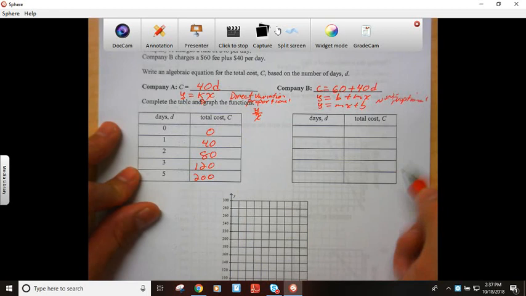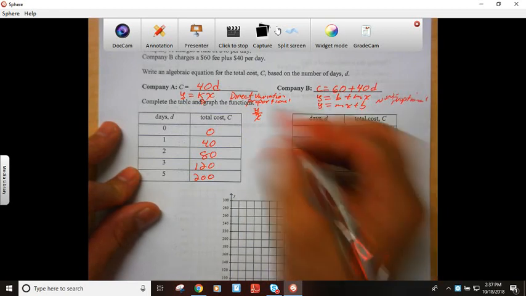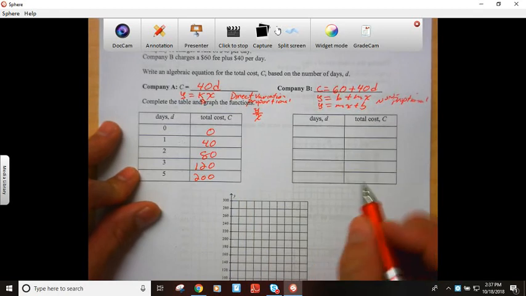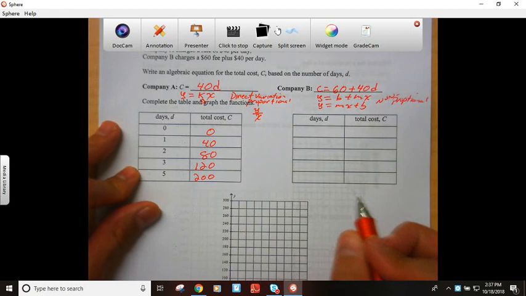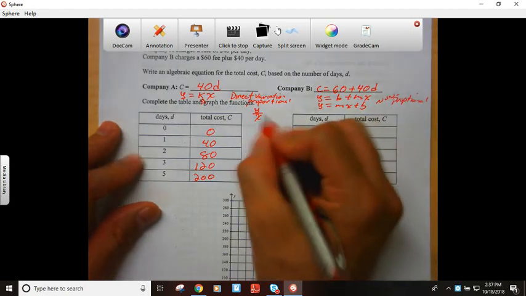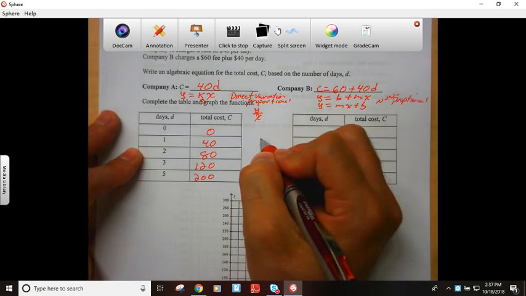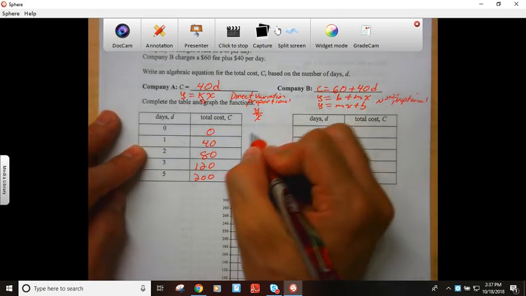y over x column. Remember, y over x is not your delta y over delta x. Delta y over delta x is slope. This is our ratio column to verify if it's proportional or not. Because if it's proportional, by definition, our ratios should all equal.